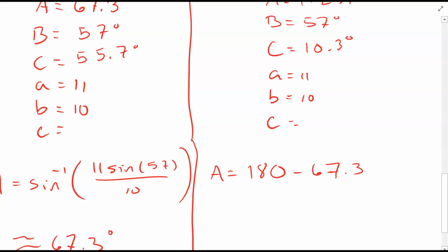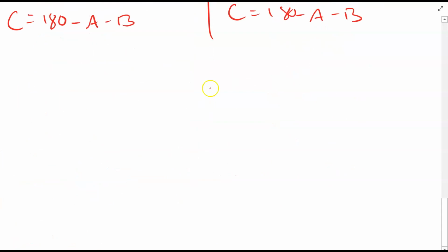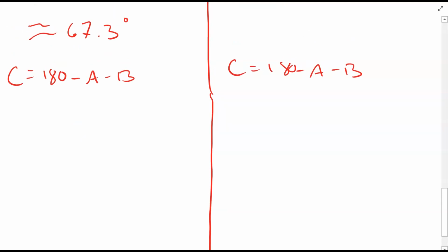Good there. Okay. Now that we have angle C, we can find side C. So I'm going to use the law of sines to do that.